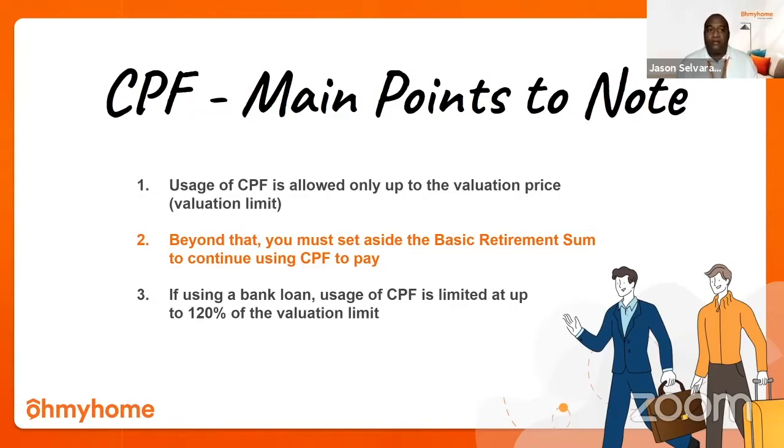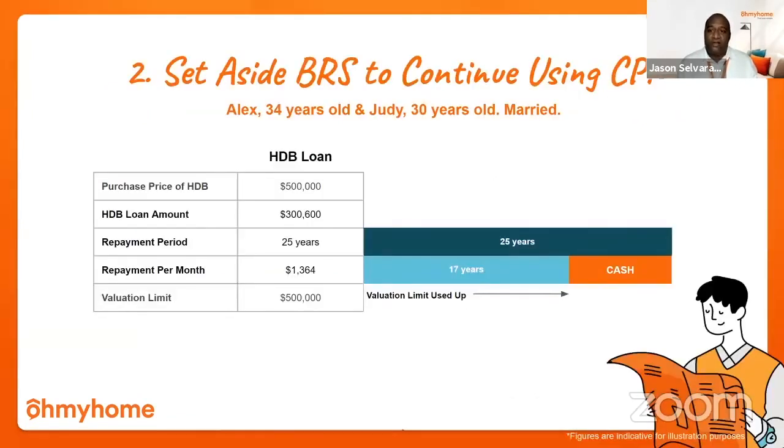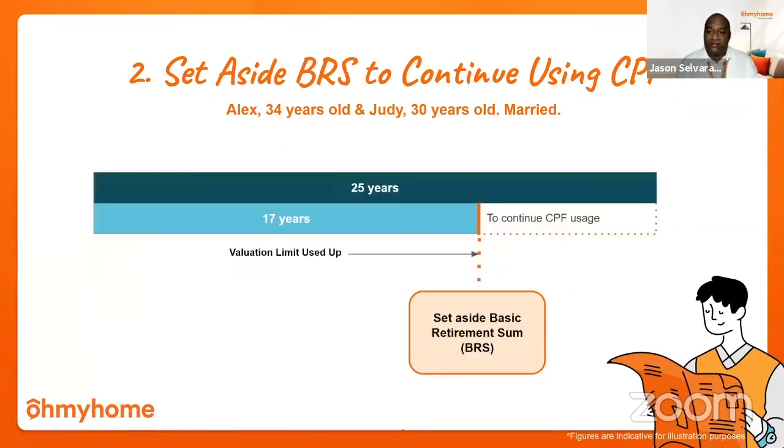In order to continue using CPF ordinary account to pay for their loan installments, they would need to set aside their basic retirement sum. Now, Alex and Judy are not 55 years old yet. So their basic retirement sum will be the same as that of CPF members who are going to be turning 55 years old that particular year.